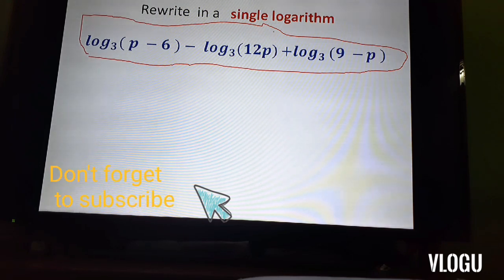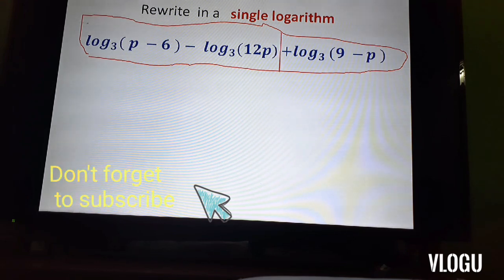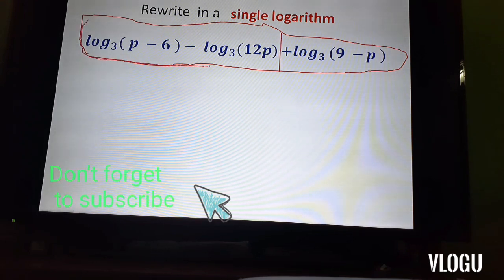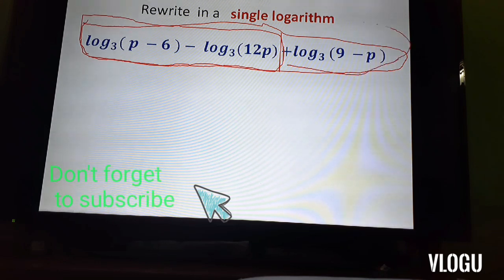So, hatiin natin yung problems natin. Umpisa natin dito. Silang dalawa muna. Pagsasamahin natin by the quotient of a logarithm. Then yung natitira natin, we're going to apply the product of the logarithms.